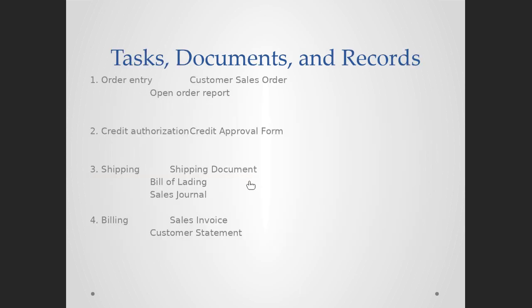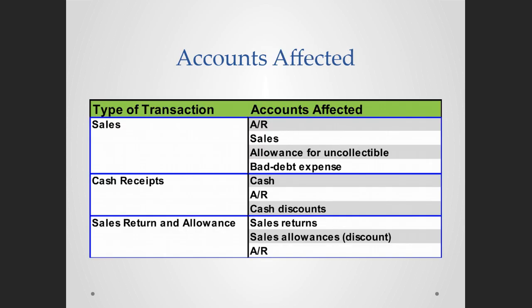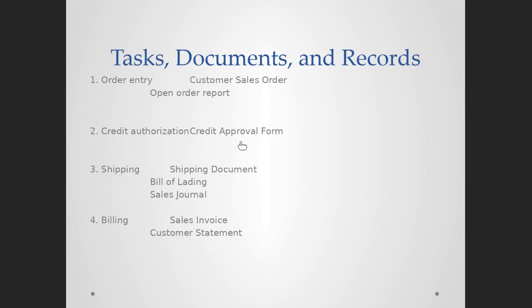Okay. So those are the three types of transactions and the accounts that are affected because of that. Now we have a set of activities and a set of documents following those activities that the client completes.